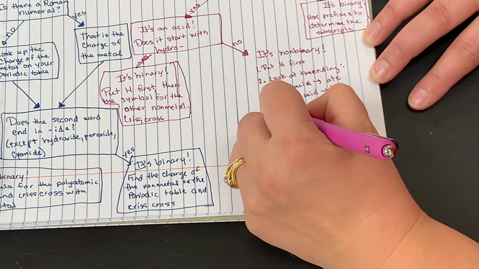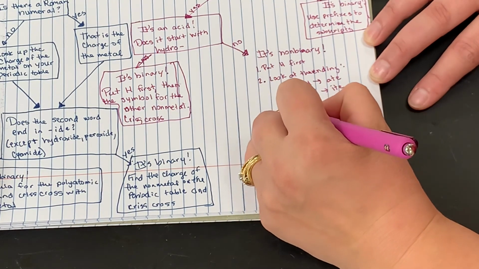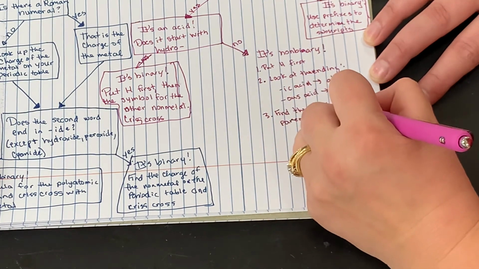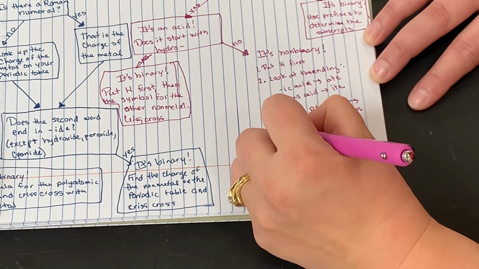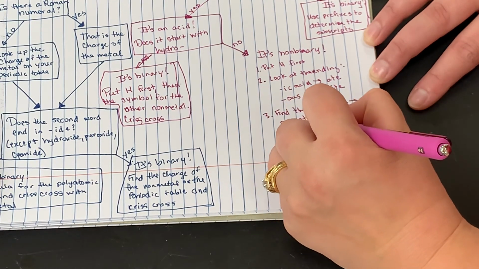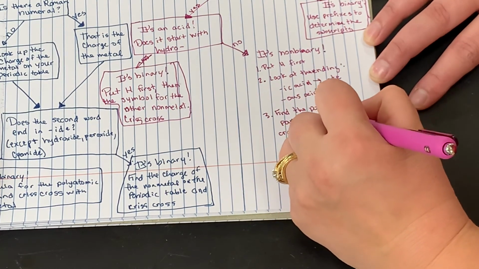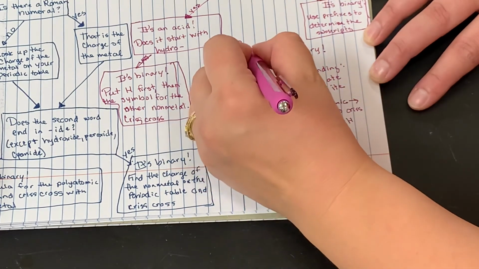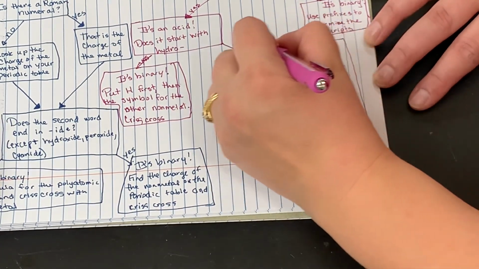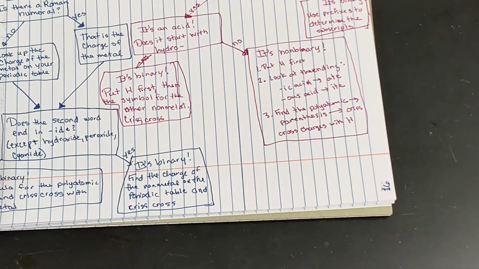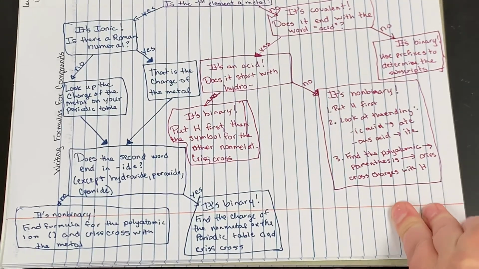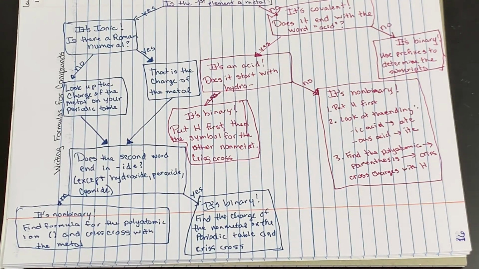Put it in parentheses. Crisscross charges with hydrogen. And there we have it. We now know how to write the name and the formula for any compound we are given.